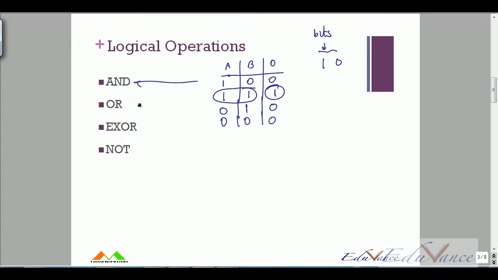The OR function is a little opposite in nature. Let's call this AND, and I'm going to call this OR.